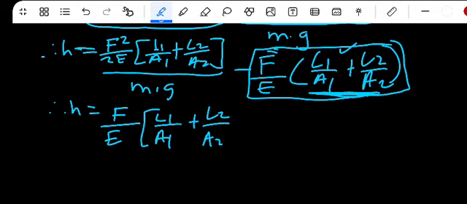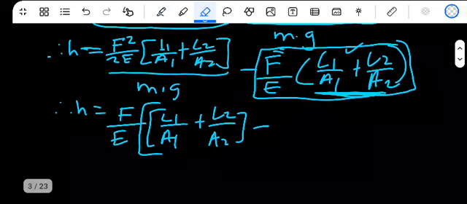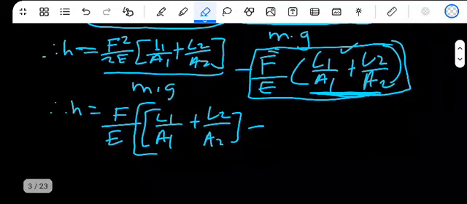That is supposed to multiply here, like this, minus. Okay, let's just take that.